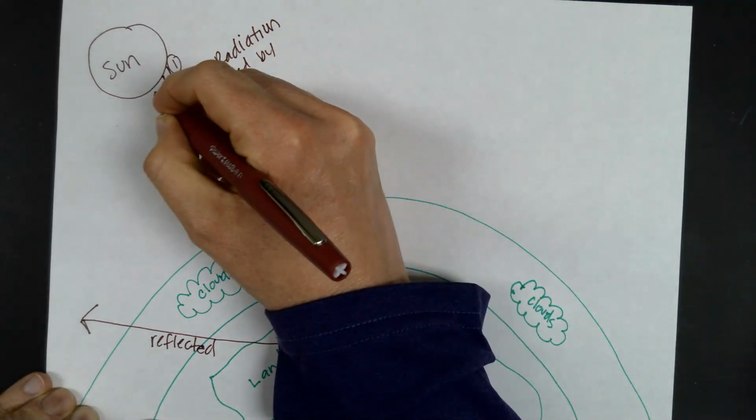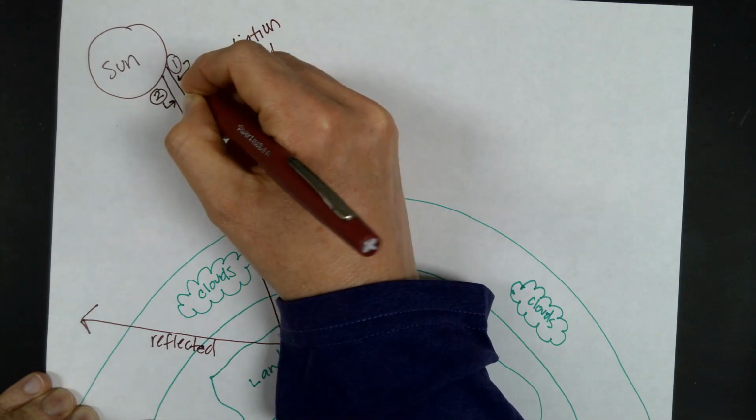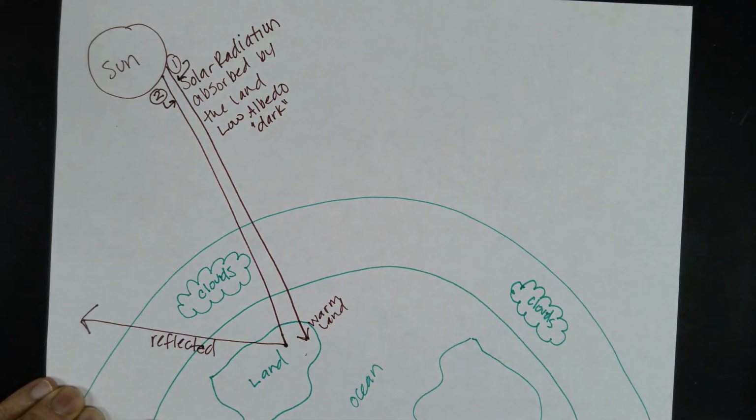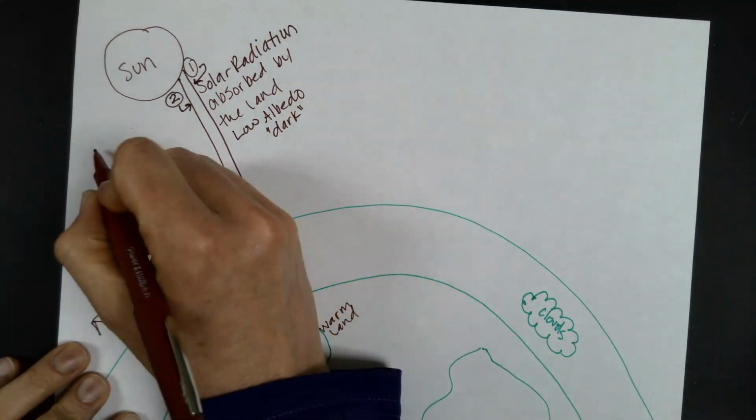So for this one right here, number 2, so that's number 1, that's number 2, right? There's also solar radiation that's reflected by the land because it has a high albedo.